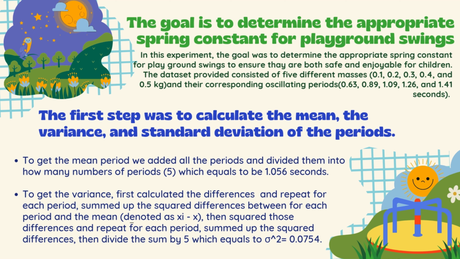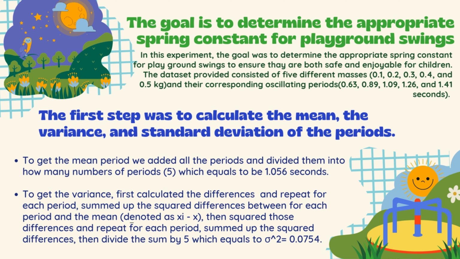In this data set provided, it consists of 5 different masses, which are 0.1, 0.2, 0.3, 0.4, and lastly 0.5 kilograms. And their corresponding oscillating periods are 0.63, 0.89, 1.09, 1.26, and also 1.41 seconds.